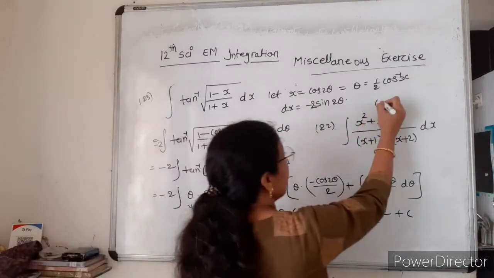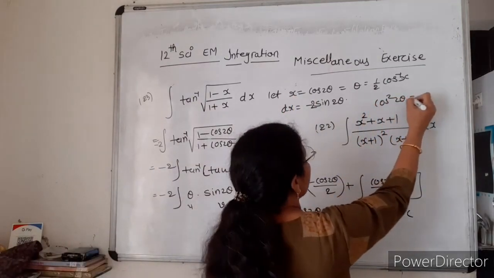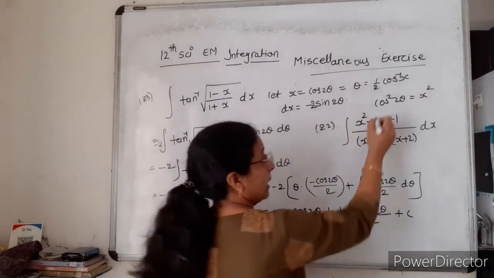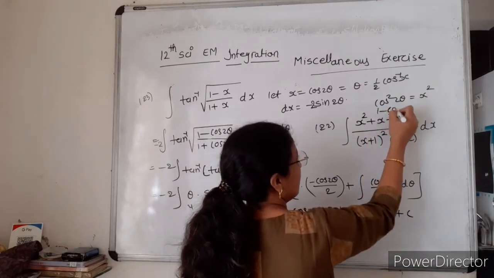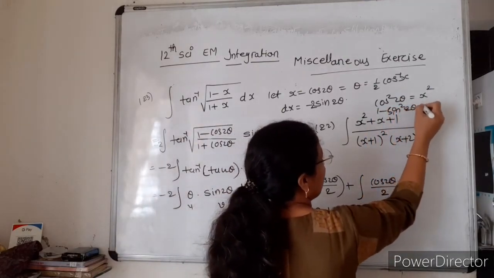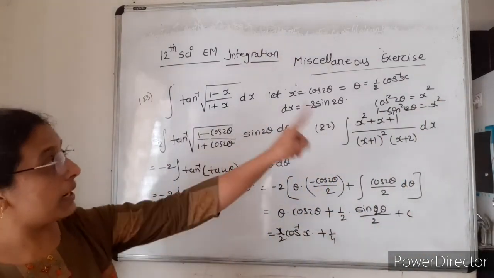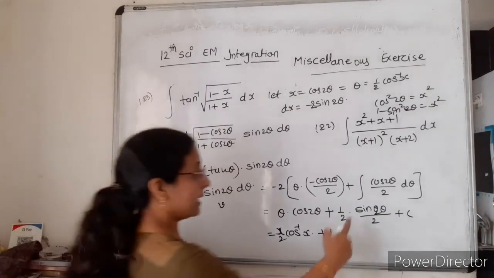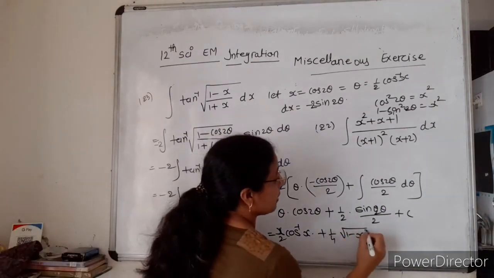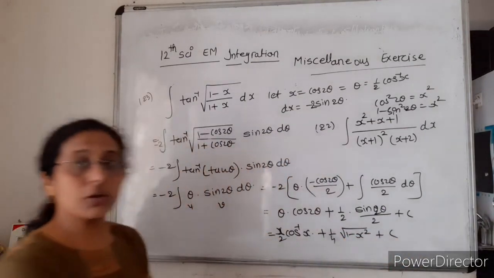Now cos 2 theta is x. So we can say that cos square 2 theta is x square. Now it is 1 minus sin square 2 theta. So what is sin square 2 theta now? 1 minus x square. So sin 2 theta is under root of 1 minus x square. Yes or no?